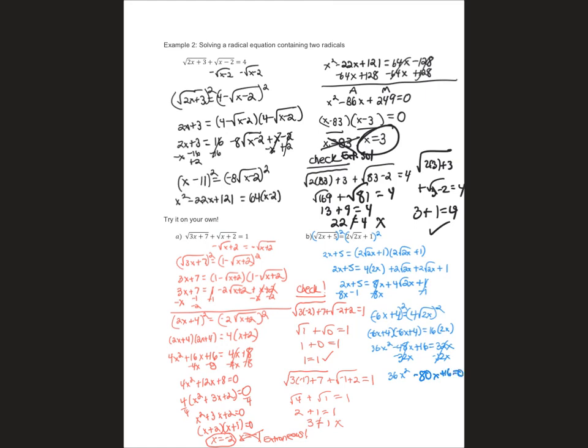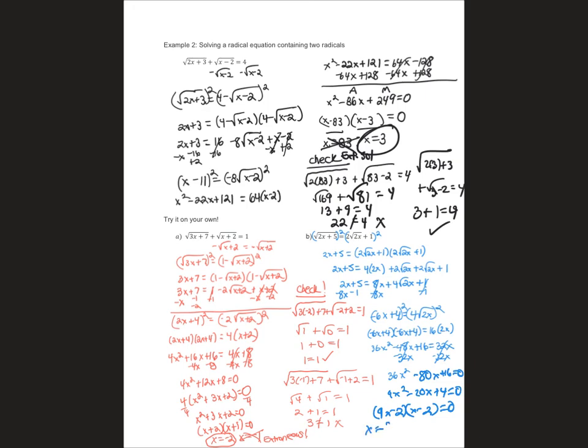And then I can go ahead and divide all of this by 4. So 9x squared minus 20x plus 4 equals 0. Factor this. And I can factor this into 9x and x. To get 4, I'm going to try 2 and 2. They both need to be negative.